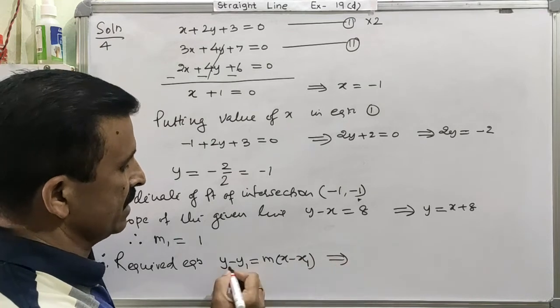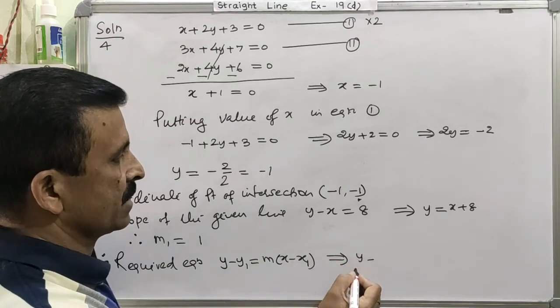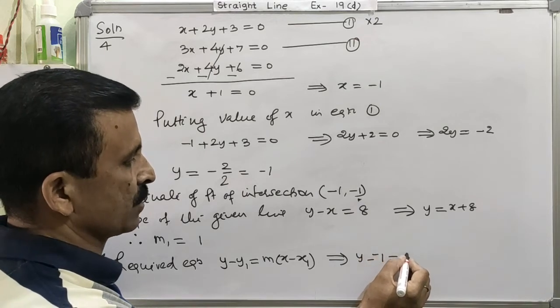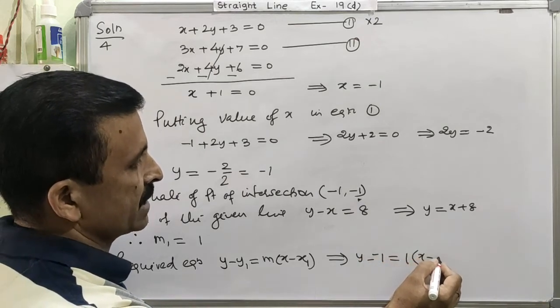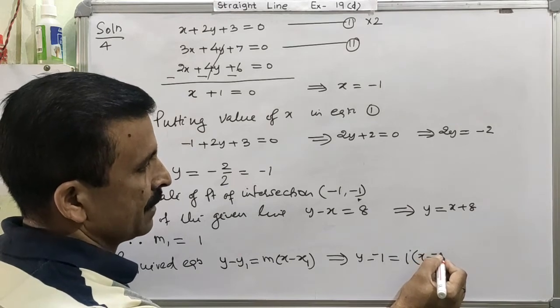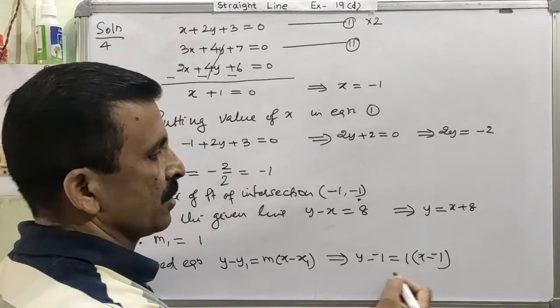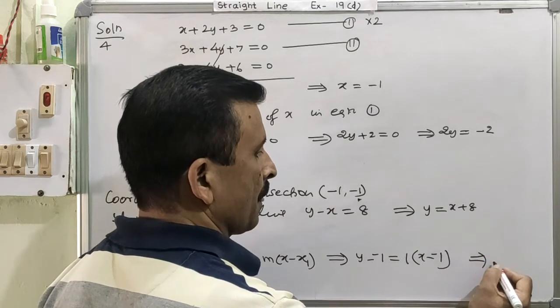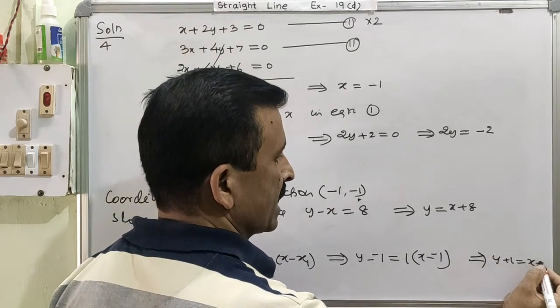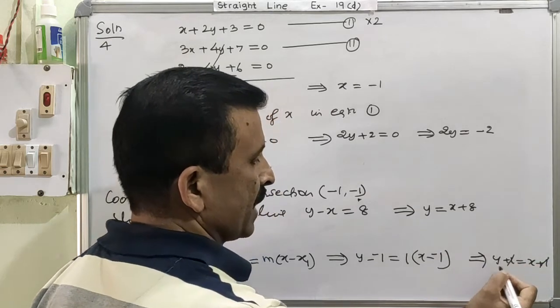Now put the value in this. Y minus y1, that is minus 1, is equal to slope is 1, and x minus x1, that is again minus 1. So this side it becomes y plus 1, and this side will become x plus 1. This plus 1 cancel.